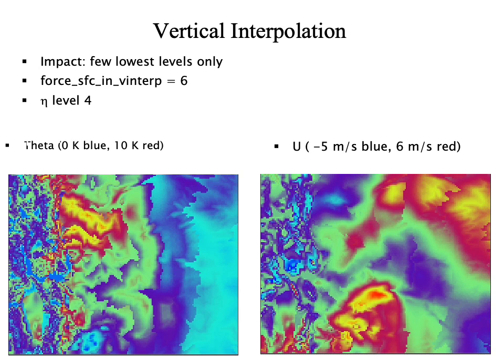So at level number 4, you can see on both the potential temperature and the U field a very smooth transition in the eastern two-thirds of the domain with the impact. However, once you get into the topography, there's very small scale noise that's introduced because of the change in the way that this particular surface field is utilized.